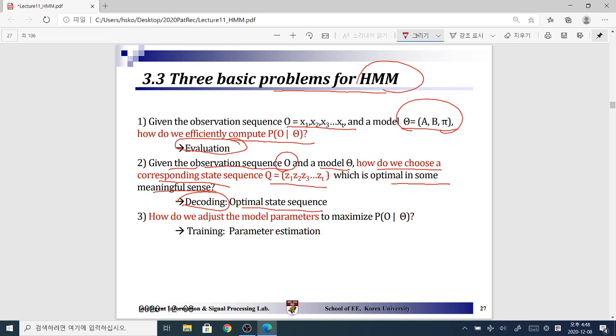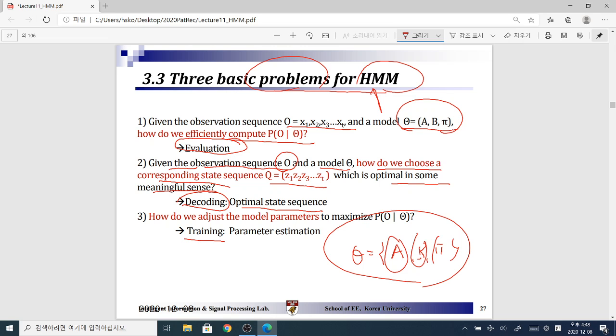And then the third problem for HMM is that we need to be able to actually build A, B, and pi. This building process is called training. In other words, with a data set, we can train and establish these parameters. So it is the parameter estimation problem.